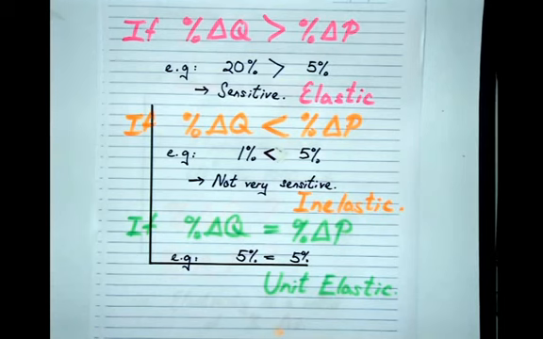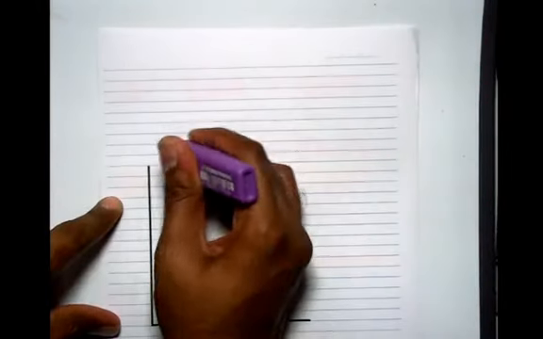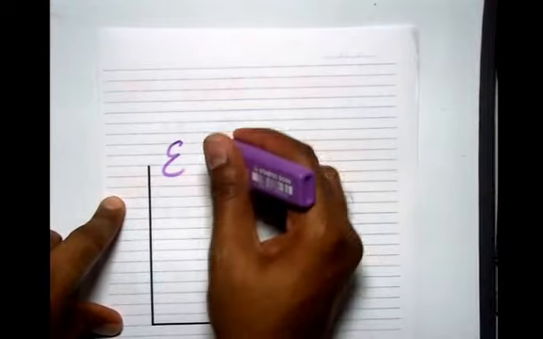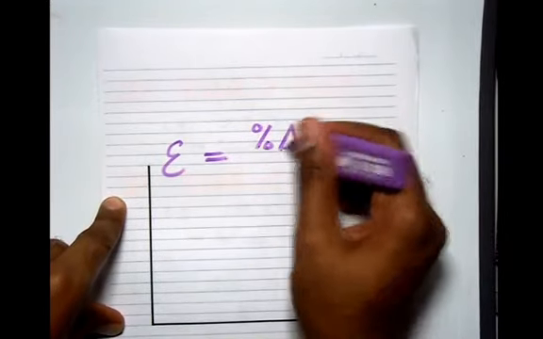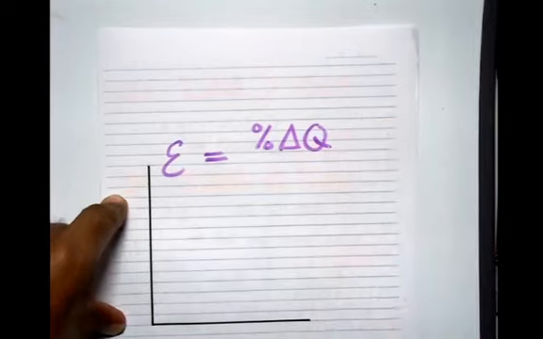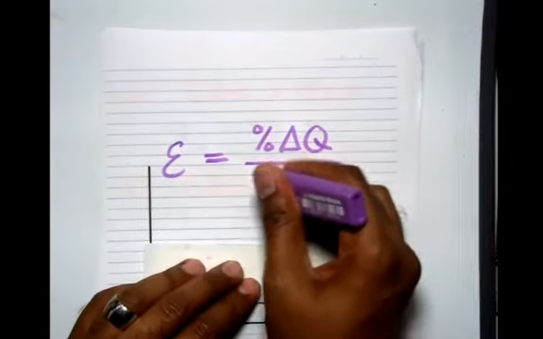So, bottom of page 4, in terms of summarizing this, how do you calculate elasticity? Elasticity, symbol epsilon, is simply percentage change in quantity divided by the percentage change in price.